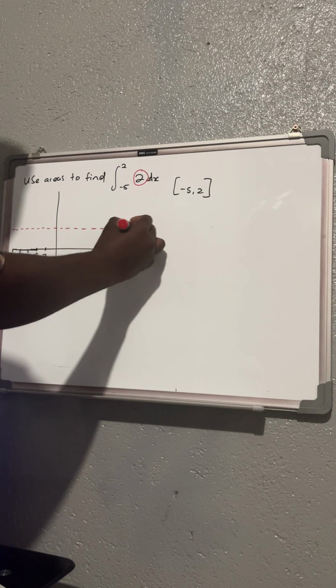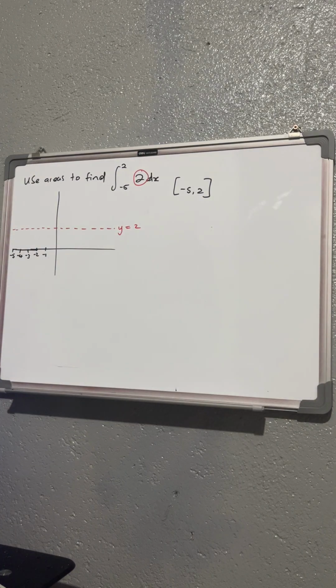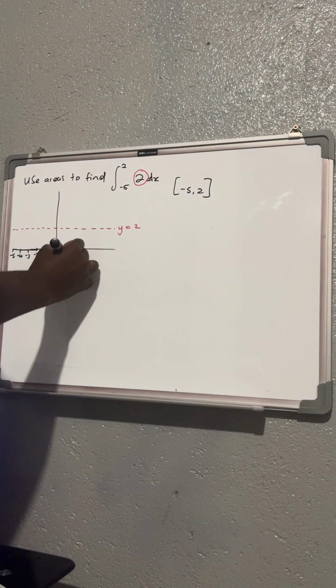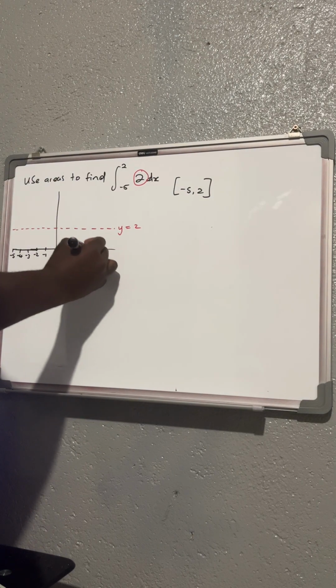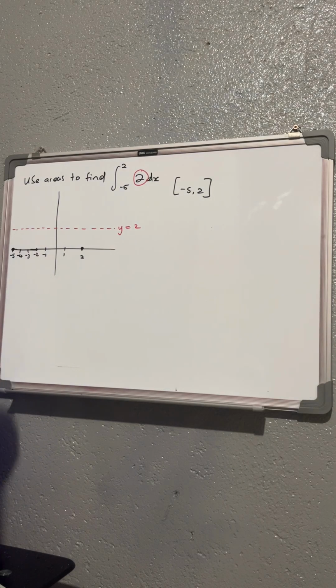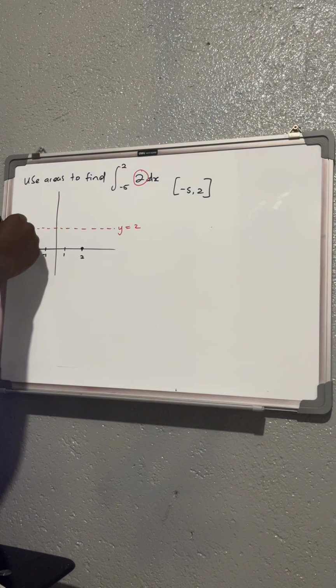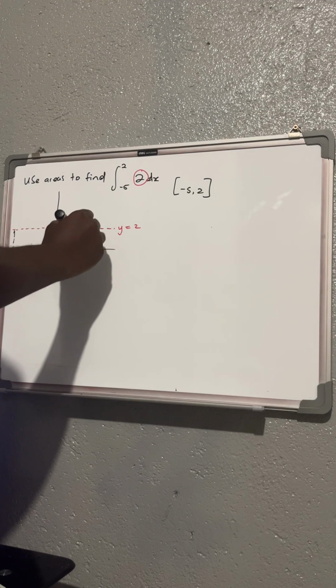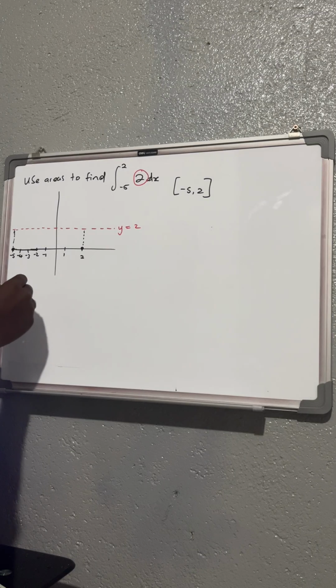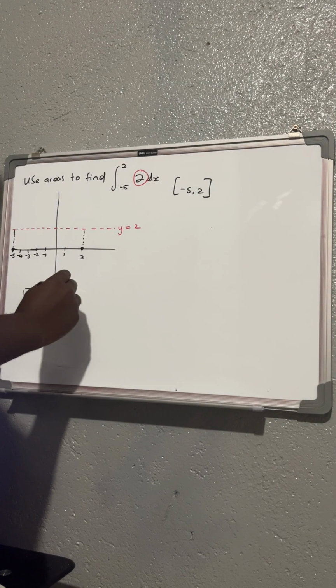This will basically be your y equals 2. Now they said it's between minus 5 and 2. You do your markings here, minus 5 and 2. Then you draw your dotted lines to that one and to that one. So now what do you have? You have a shape that looks like that.